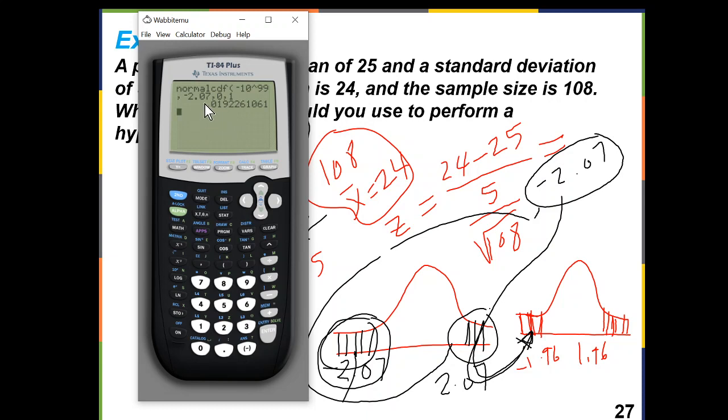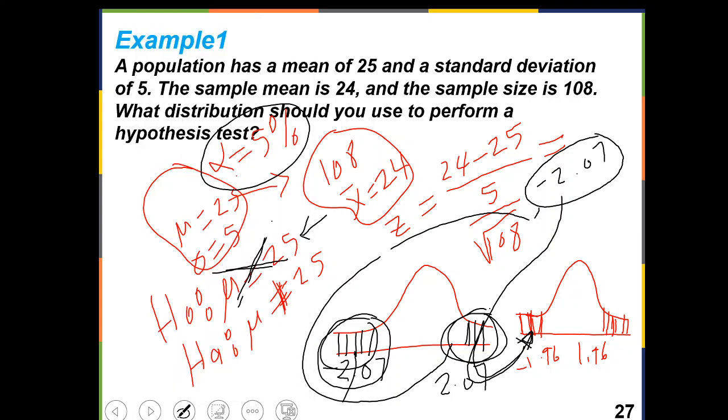That's 2%, but we have to multiply it by 2, right? Because there is another area on the other side that we didn't count. So that means it's about 0.04, 4%. Now, 4% is smaller than 5%, so we reject.